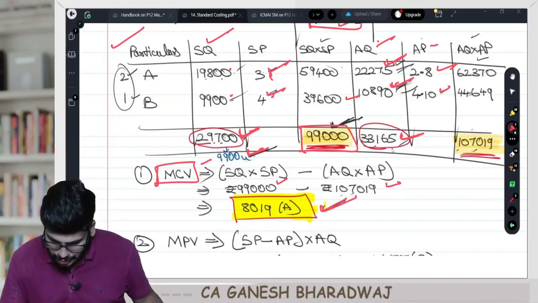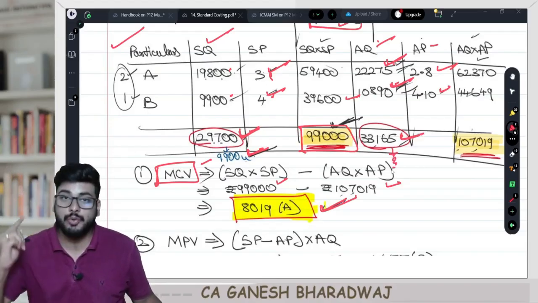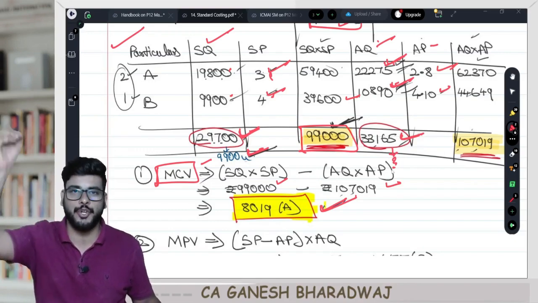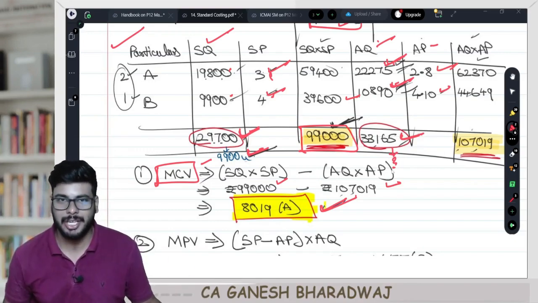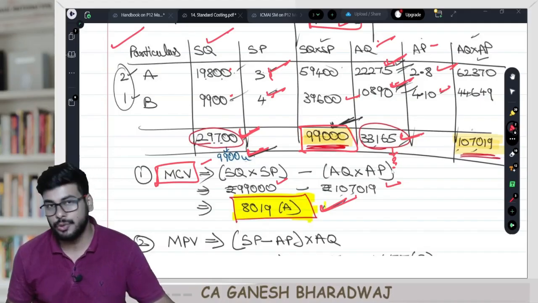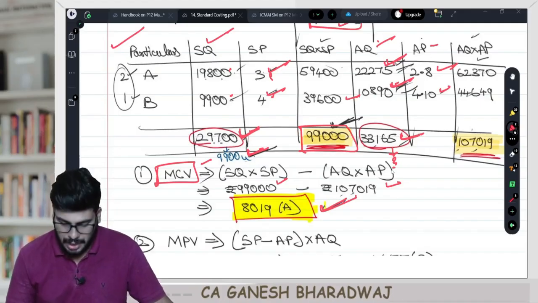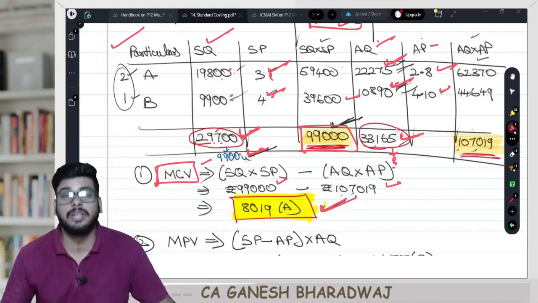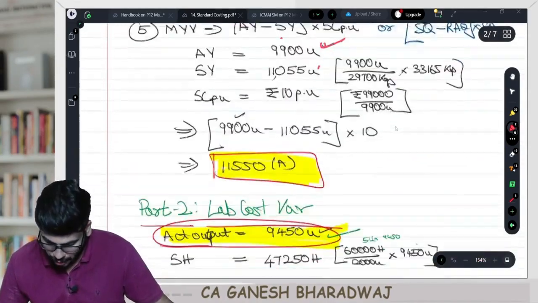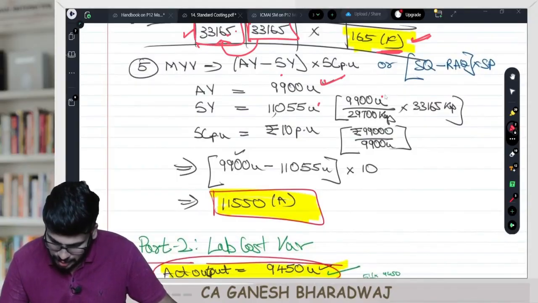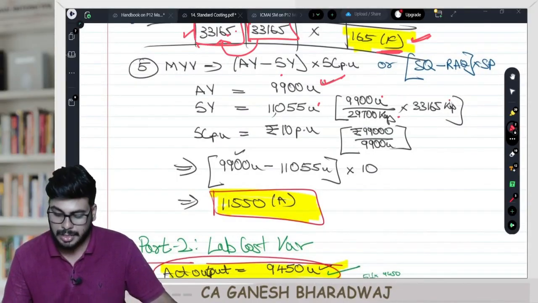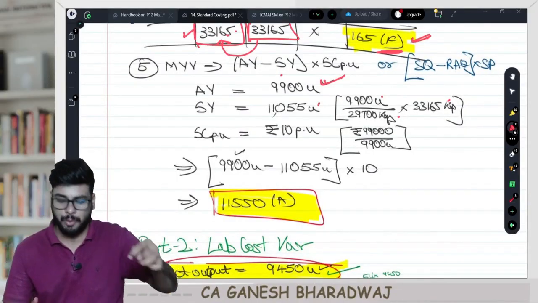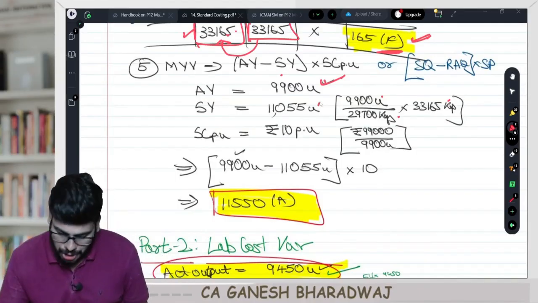For the actual kgs of raw material, what should have been the yield or output you should have got? This calculation is called standard yield. How would you do that? Very simple. 9,900 divided by 29,700 into 33,165. That is what we have done here. For the actual input, you should have got an output of how much?